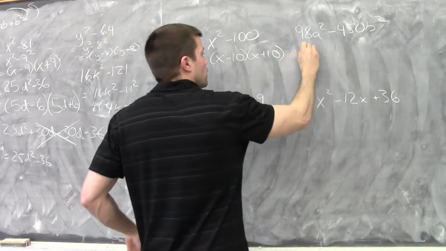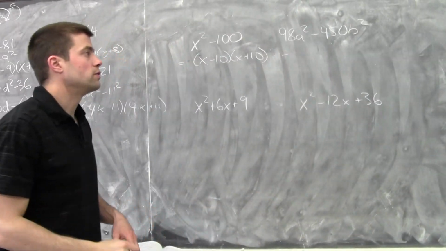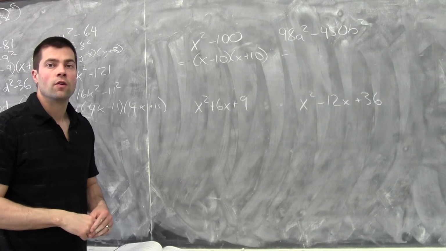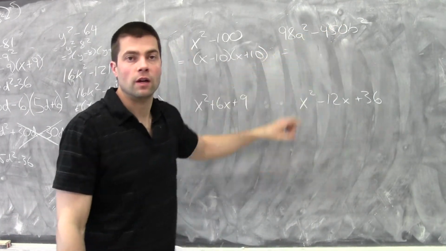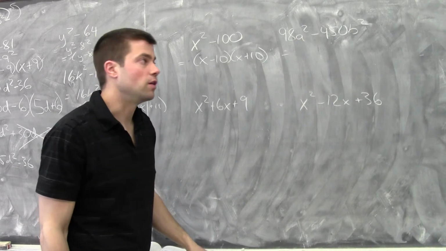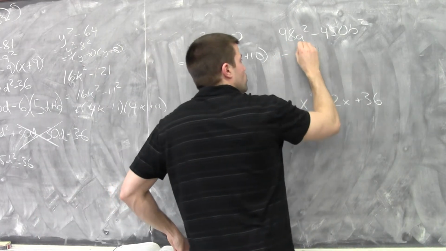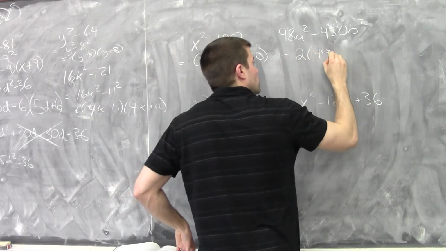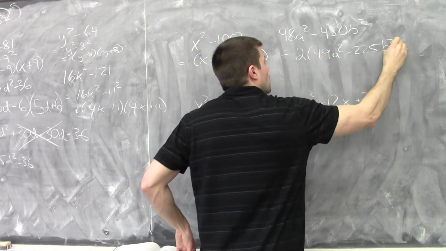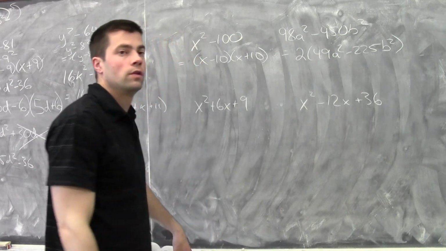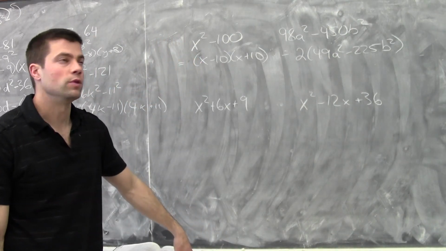Next one. 98a squared minus 450b squared. Right away, you should always try and factor out any numbers that you can. Here you should recognize that you can factor out a 2. 2 is common between those two numbers.